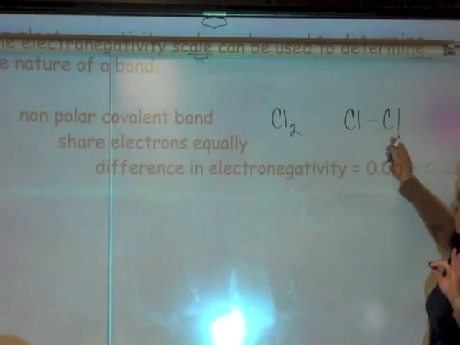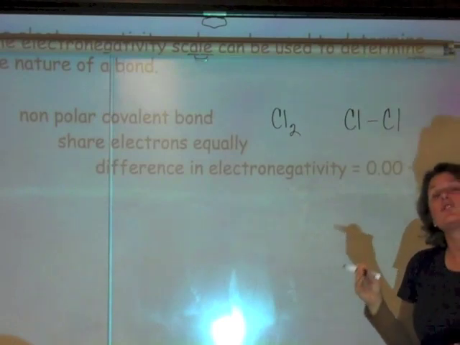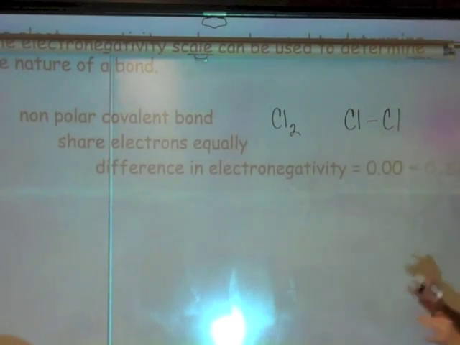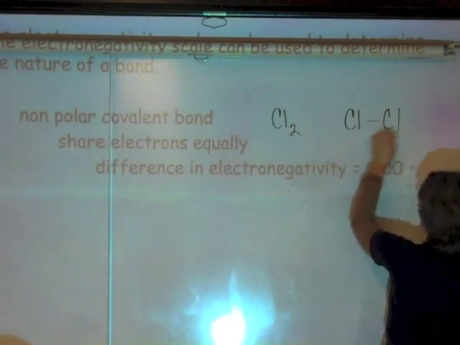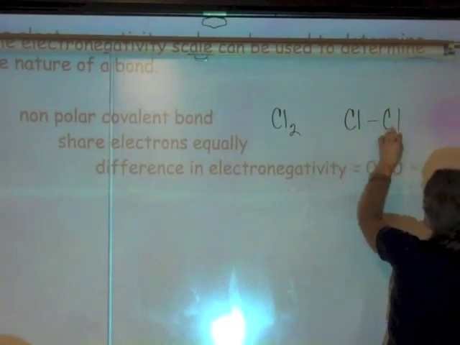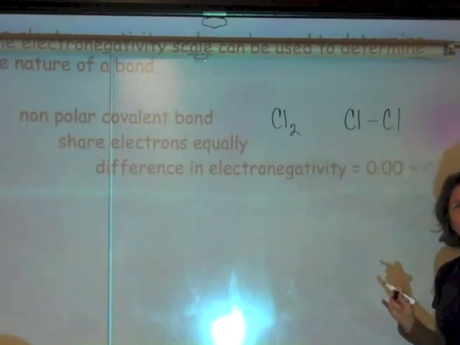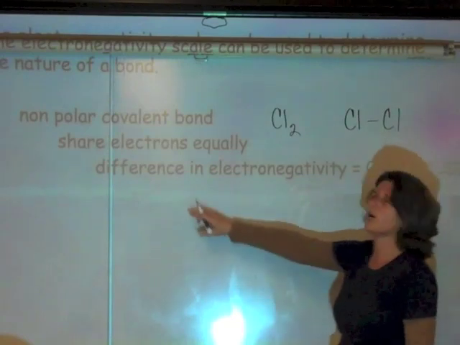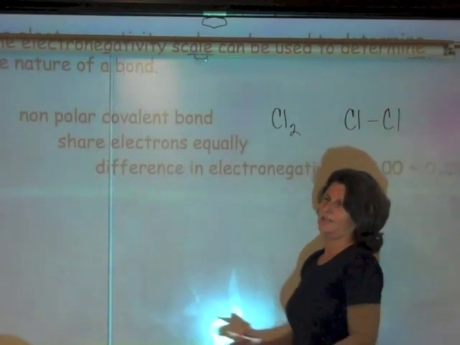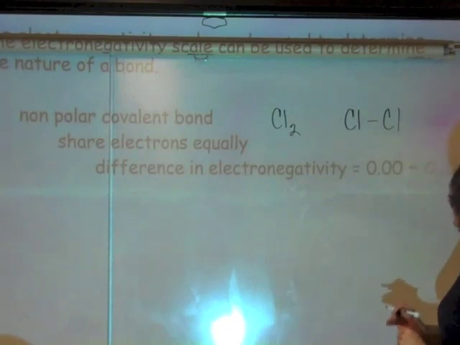In simplistic terms, let's think about it that way. Or we could say that the negative charge is distributed. The cloud of negative charge is distributed equally between the two. Neither of these elements can overpower the other. They are doing the perfect sharing, the picture of a perfect kindergarten pair, right?